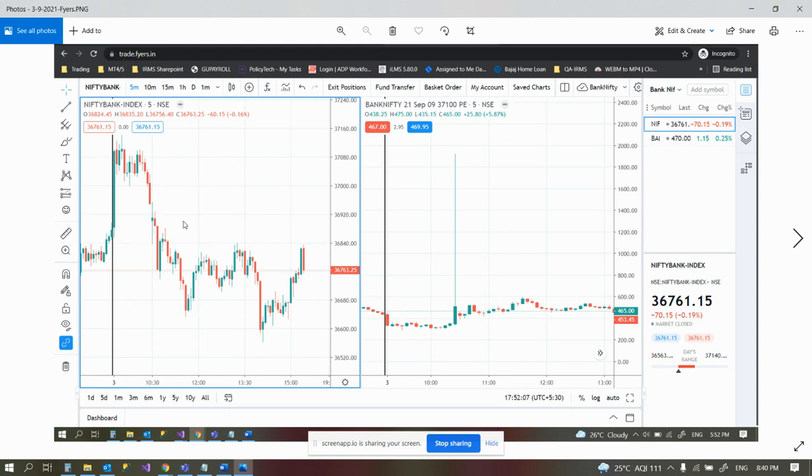Usually, if the spot price moves 200 points, then the option strike price would move about 100 or something close to that, we can consider half or three-fourths of it, 100 to 150 points.